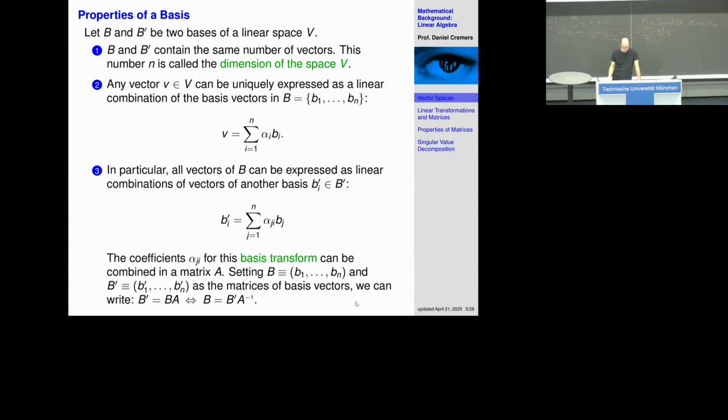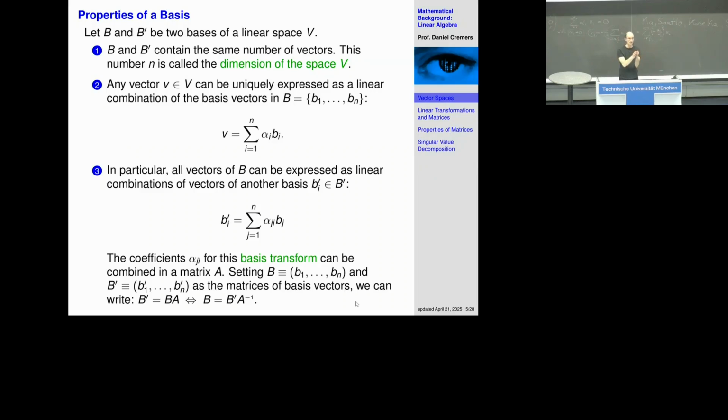And then this is another nice feature. Once you have a basis, then every vector can be uniquely expressed as a linear combination of the basis vectors. Again, all these are properties that need to be proven. I'm not proving them, but the proofs are fairly straightforward. In fact, for example, property 2, the proof would go as follows.